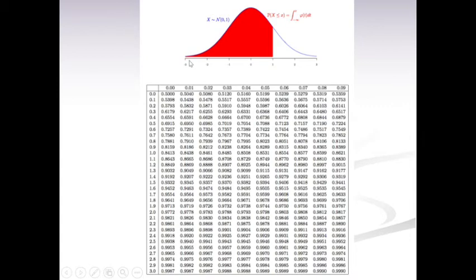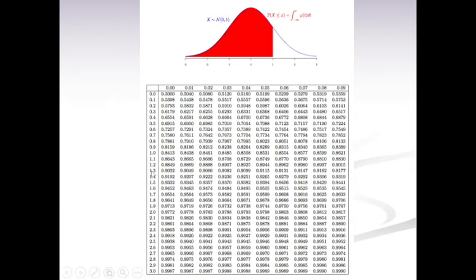That means if you want to calculate it for a negative value, we have to take the positive value and then subtract it from the whole number. The whole probability is 1, right? This total value is 1 and half value is 0.5, and we want the value for minus 1.33. So first we take the value of positive 1.33 from this table, and we'll see how we can convert that into the minus value.